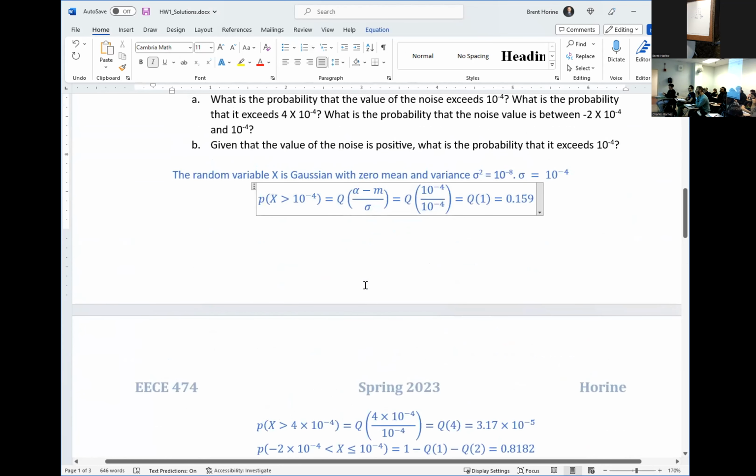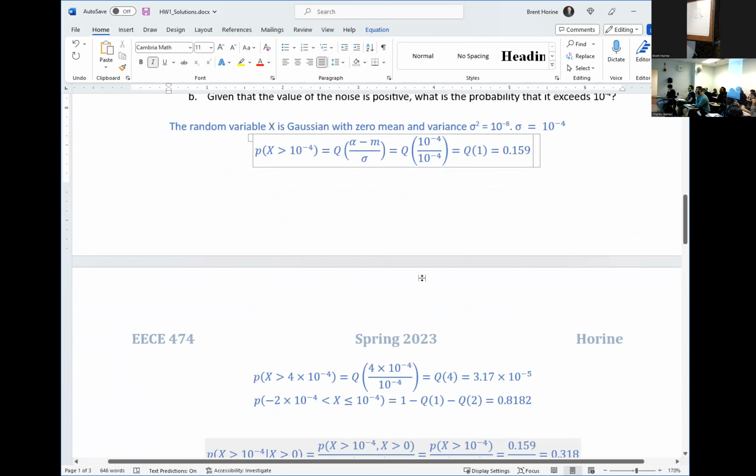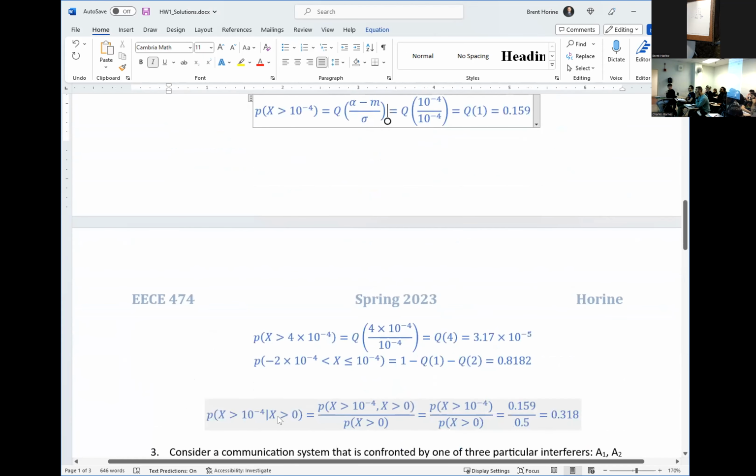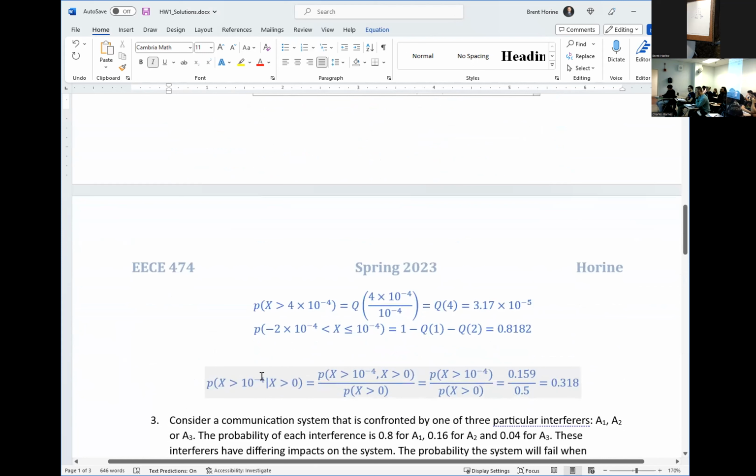Given that the noise is positive, what is the probability that it exceeds 10 to the minus fourth? So here it's a conditional, right? So we know that it's greater than 0. We're not asking for the probability that it's greater than 10 to the minus fourth in all cases. We're only asking for the situation where we already know that the noise is positive.